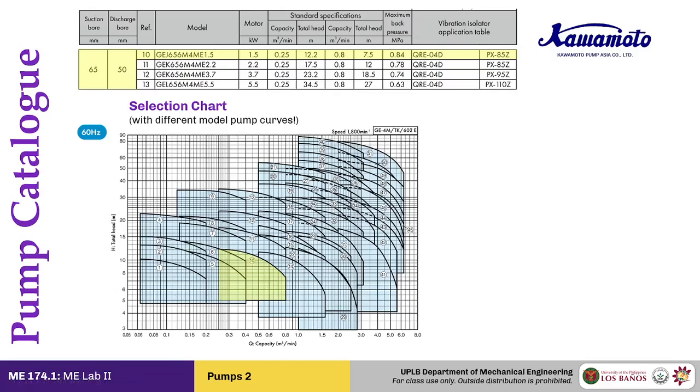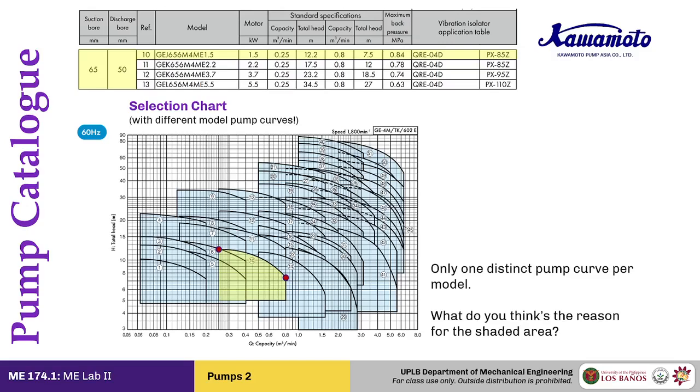Now, if we look at the endpoints, these are the endpoints of our pump curve for pump number 10. You might want to ask, why is there a shaded area underneath the curve? And why does the shaded area not extend downwards to, let's say, free delivery? That is actually a good question, and I think that would be a nice thing to mull over as you try to understand or grapple with pump selection.